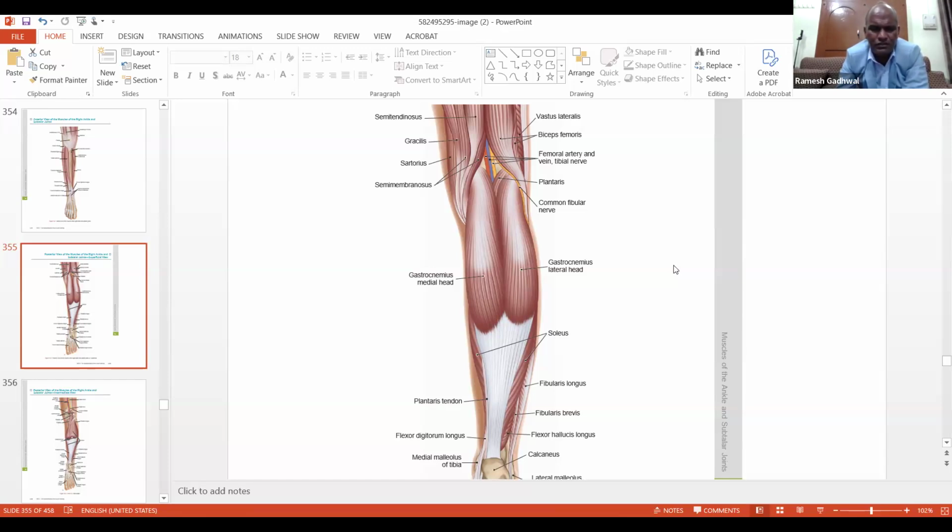Almost the most disturbed muscles are biceps femoris, vastus lateralis, those are lateral. Then gastrocnemius lateral head, this head. Then peroneus longus on the front side muscles.